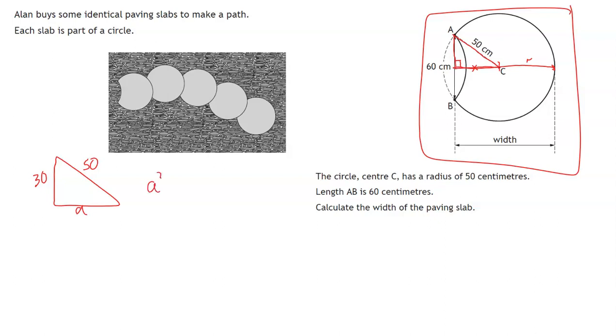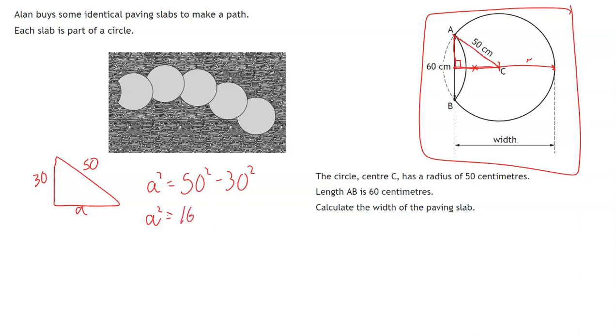So now we can use this information to get A. We can remember that A squared, because it's a short side, is going to be 50 squared, take away 30 squared. Remember, with Pythagoras, when we come to calculating a short side, it's always subtract. When it's the longest side, the hypotenuse, it's always add. So A squared is equal to 50 squared, take away 30 squared. So that then means it's equal to 2,500, take away 900.